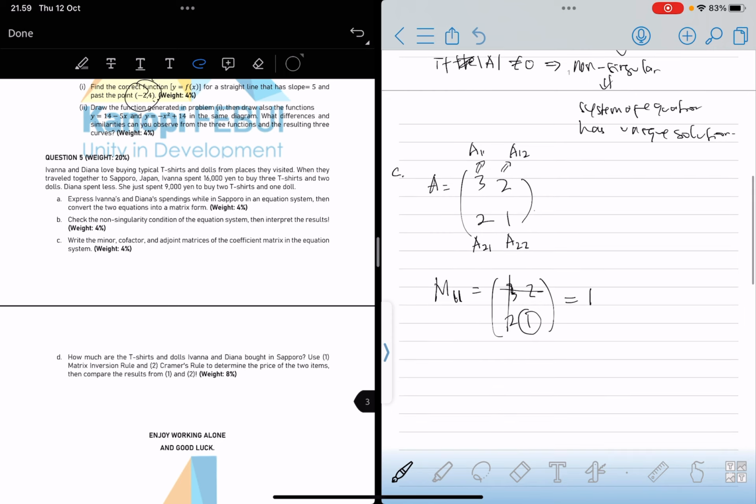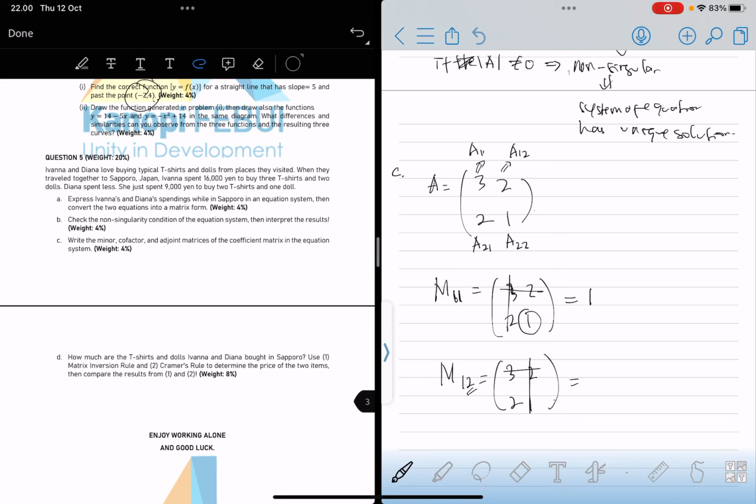Okay, and then how about minor 1,2, with the matrix [3, 2; 2, 1]? For minor 1,2, firstly we have to eliminate the first row and the second column.